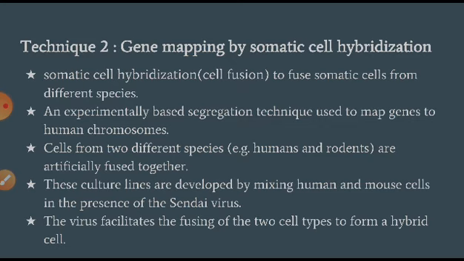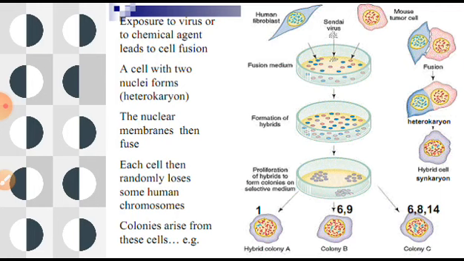These culture lines are developed by mixing human and mouse cells in the presence of Sendai virus. The virus facilitates the fusing of the two cell types to form hybrid cells. So viruses are not always infective and dangerous, sometimes helpful too. This is the method showing how they are fusing these two different cells. One is a human fibroblast cell and another is a mouse tumor cell in the presence of Sendai virus.